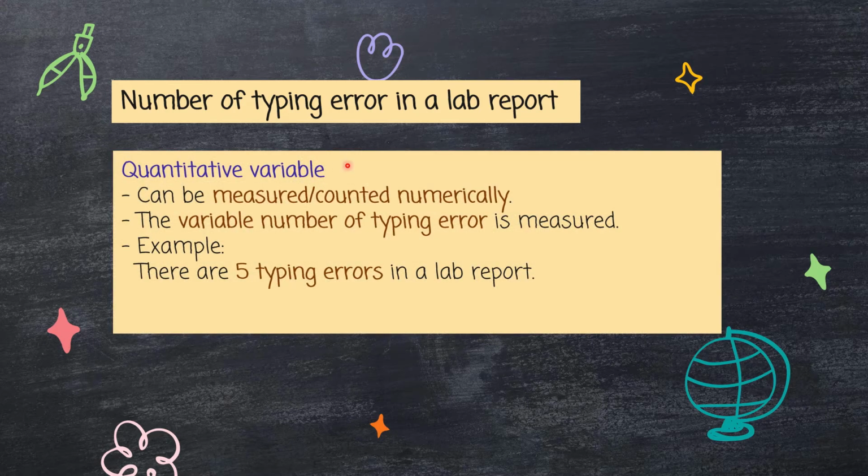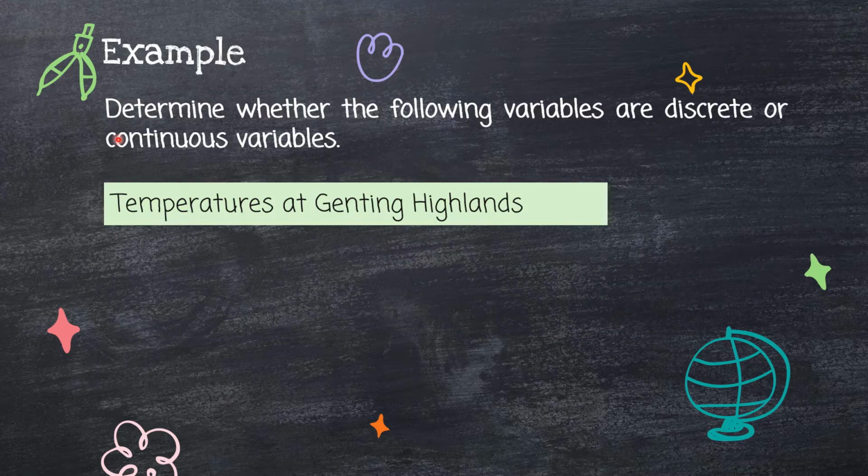So this variable is quantitative because it can be measured or counted numerically. The variable of typing error is measured in this case. For example, there may be 5, 10, or 11 typing errors in a lab report.